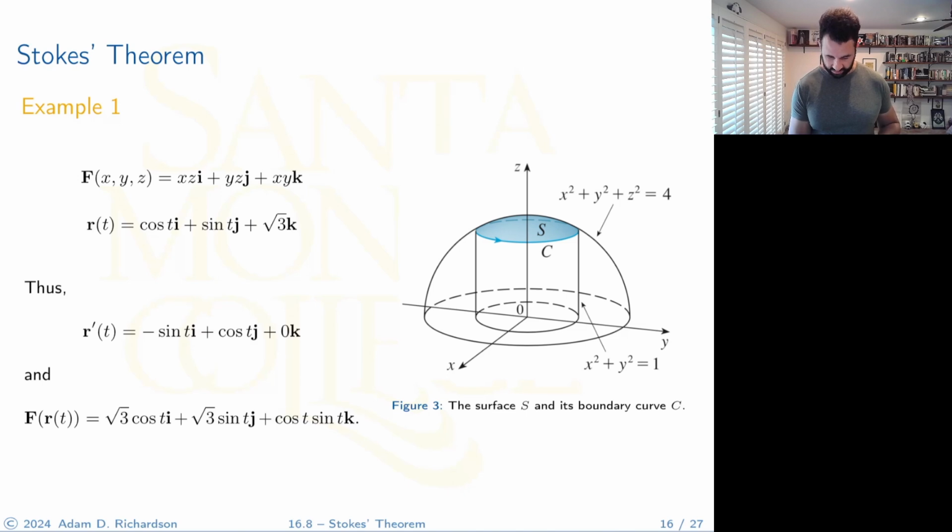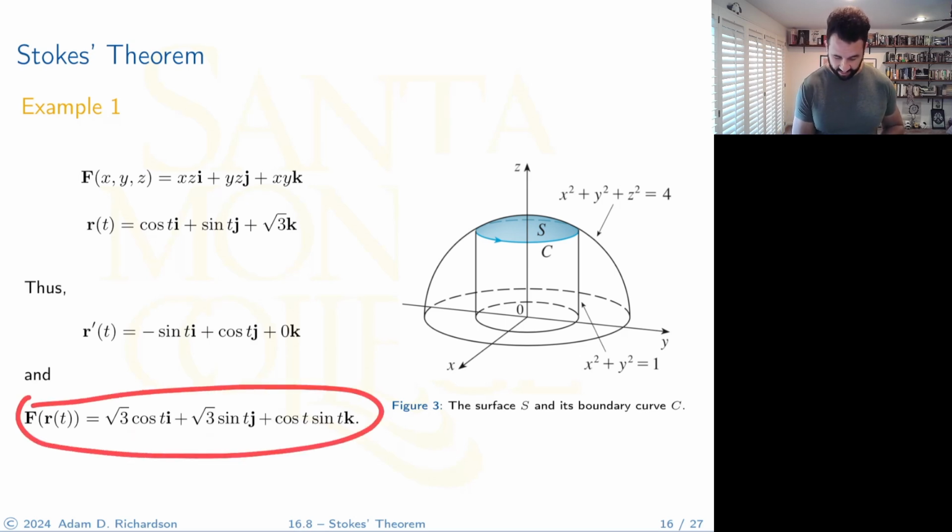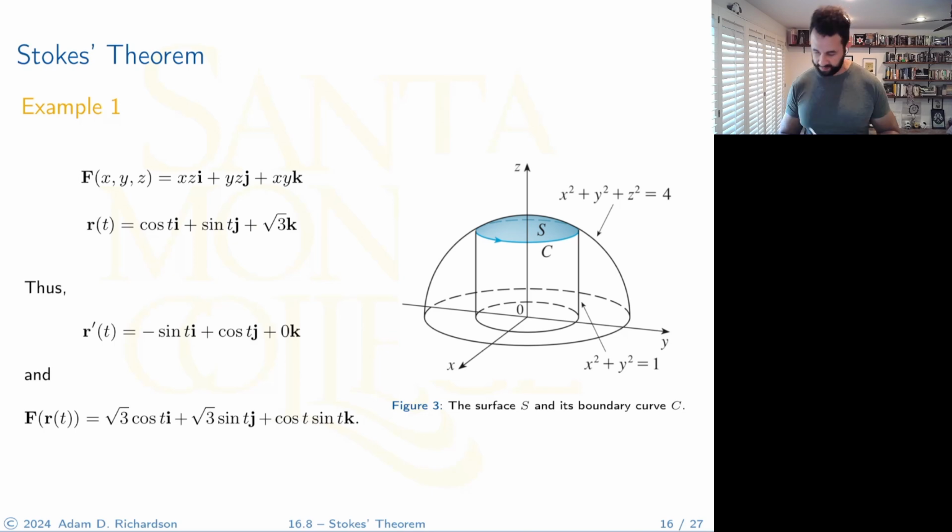So x in this case is cosine t, so that should be cosine, that should be cosine, right there. And then y is sine of t, so that should be sine, that should be sine. There you go. And then z is root 3, so that should be root 3, there and there. So now we've got our vector field evaluated on that space curve.